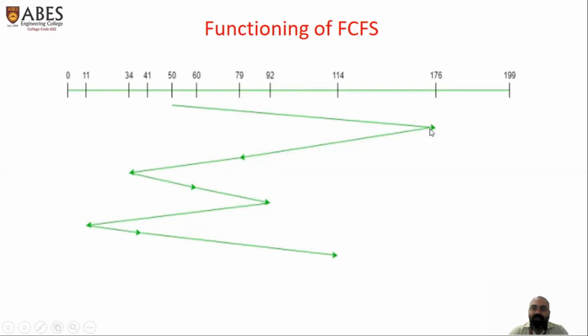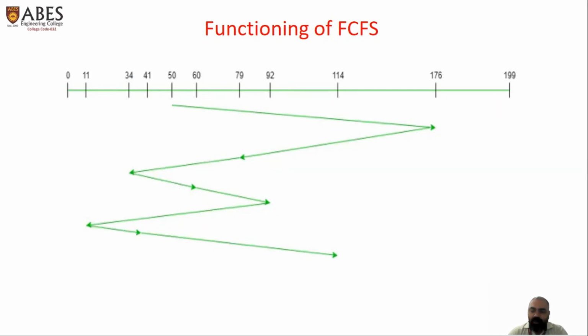Then from 176, it will move to 79, then 34, then 60, then 92, then 11, then 41, and then 114. In this manner, the FCFS scheduling algorithm will service the requests.